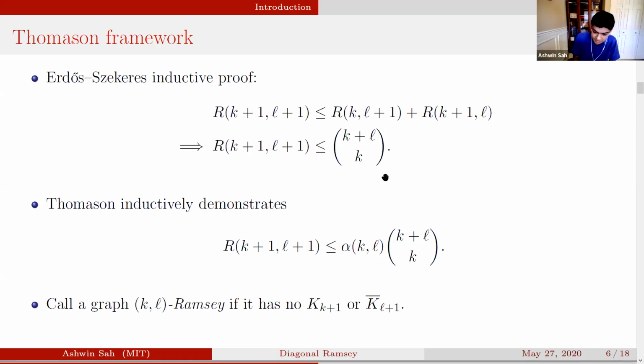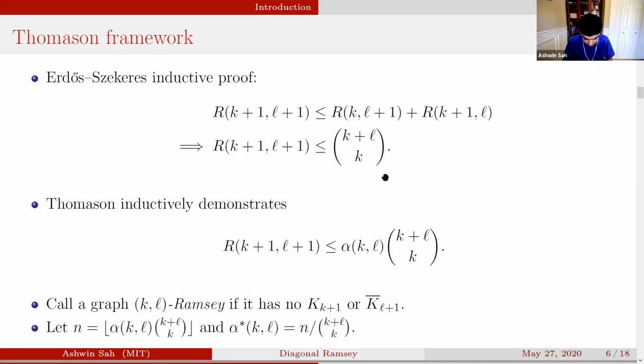A couple of definitions to allow us to talk about these things. I'll be calling a graph (k, L)-Ramsey, or just Ramsey when it's clear, if it has no clique of size k+1 and no independent set of size L+1. And we're going to be focusing on graphs that have the size of the bound that we care about.